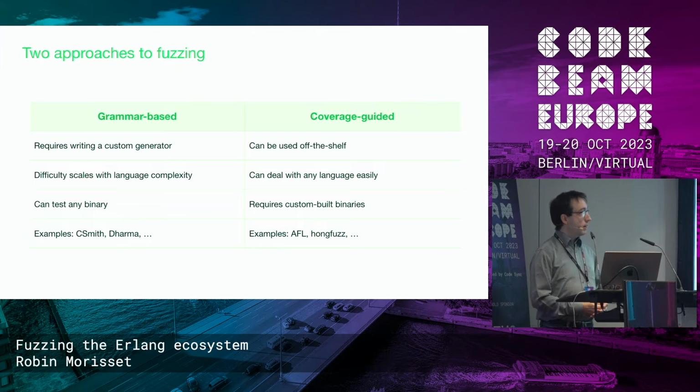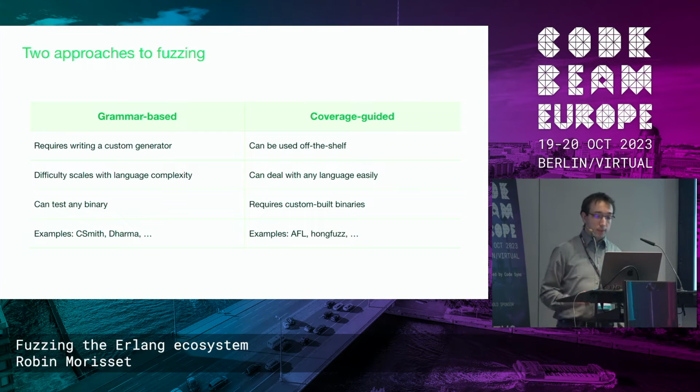It's even more crazy because you might think that if you're generating random sequences of bytes and feeding them to, for example, an XML parser, you will never find anything. But thanks to the coverage information, it will progressively refine the data that it is producing until it is producing valid XML, and it will actually find bugs.